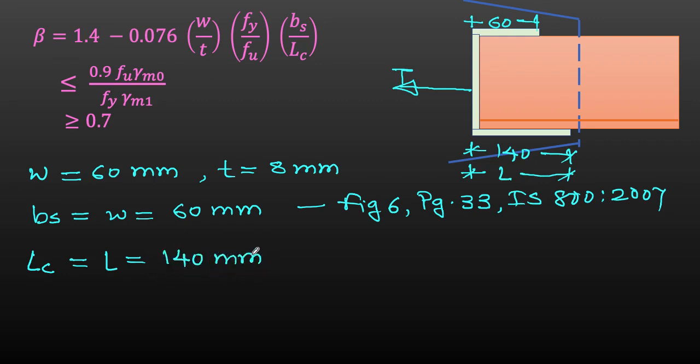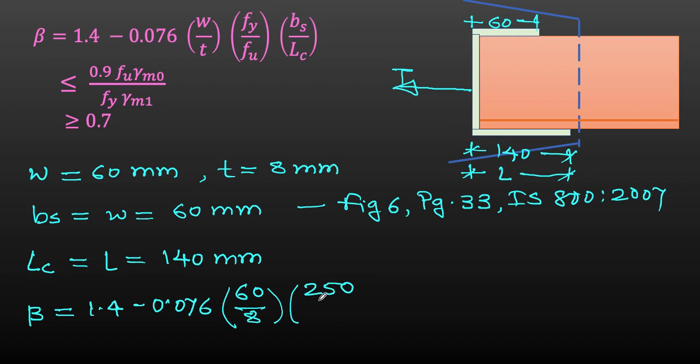So in this way we have all the values. Now let us rewrite the equation. Beta is equal to 1.4 minus 0.076 into W, which we have considered as 60, T is 8, Fy is 250, Fu is 410, Bs is 60, Lc is 140.